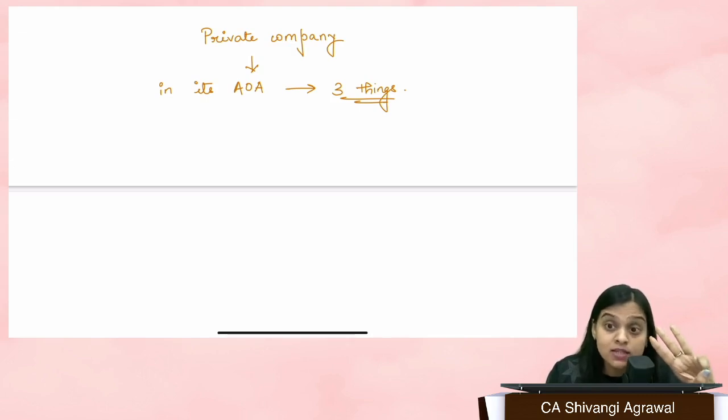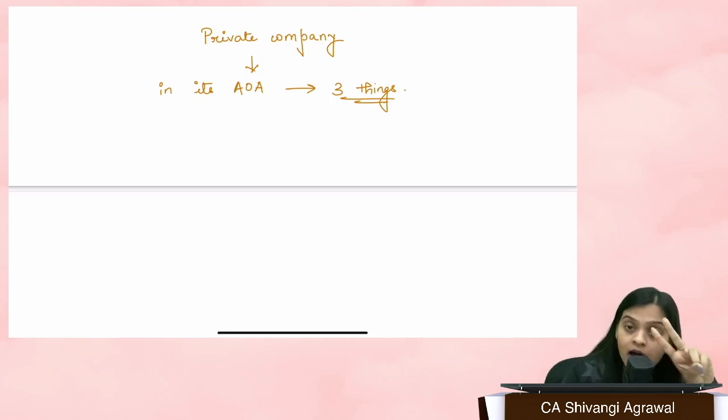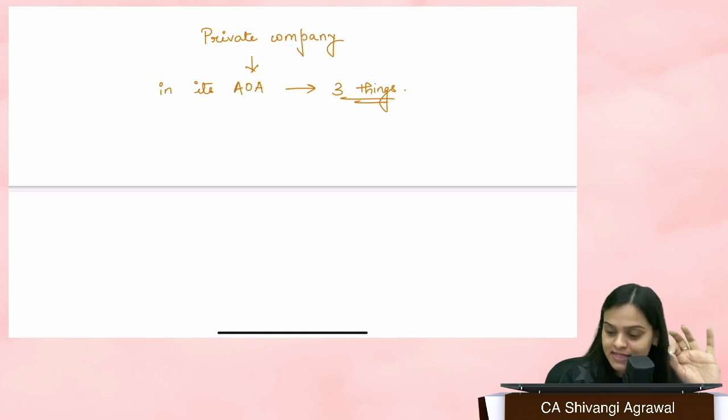What are these three things you need to incorporate? One is restriction, the other is limitation, and the third one is prohibition. Restriction on transferability of shares, limitation on the number of members, prohibition on inviting public to subscribe to the securities. I have said all these heavy terms, heavy three lines, right? So one by one, we'll understand all the three lines.